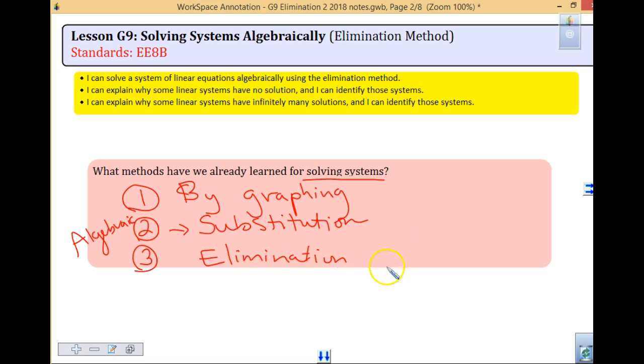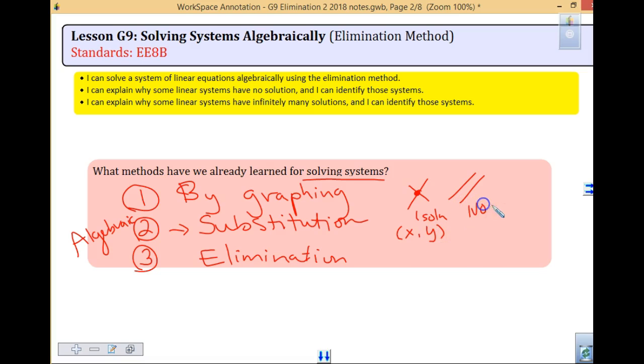If you're following along in your notes, this is page 21. So, graphing, substitution, elimination. In all 3 cases, you can have one solution, which in substitution is an x, y point.